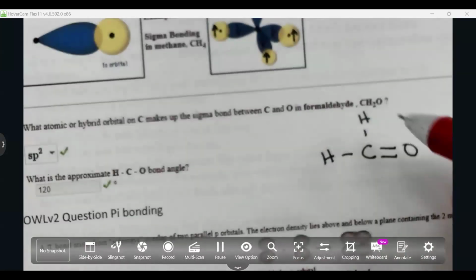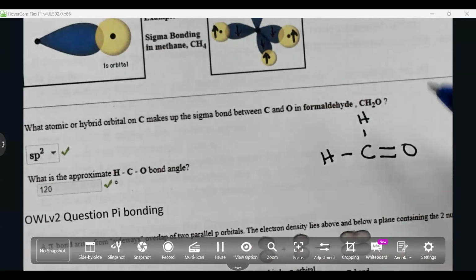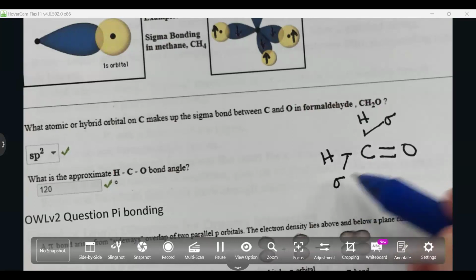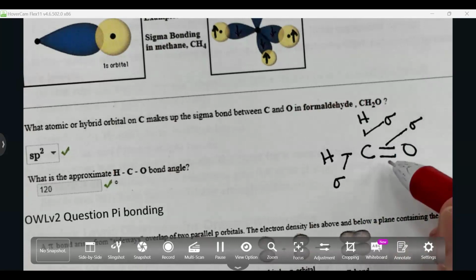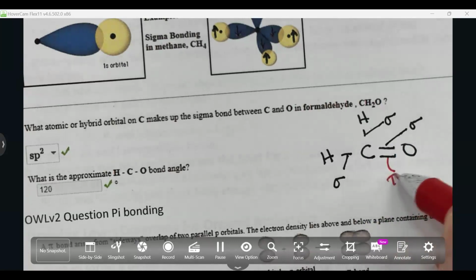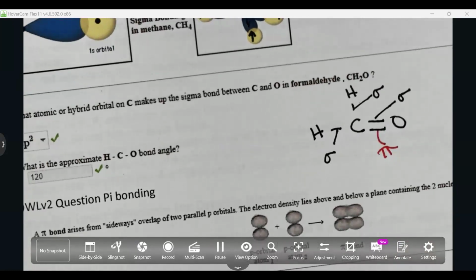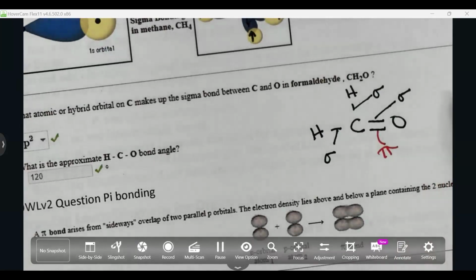This is sigma, sigma, sigma, pi. What is the hybridization going to be?